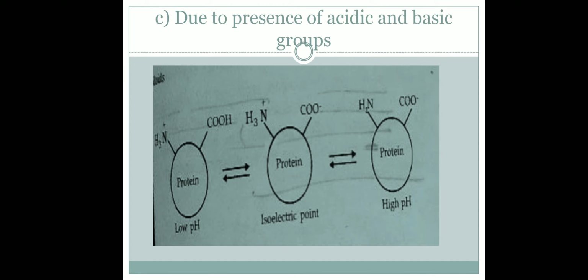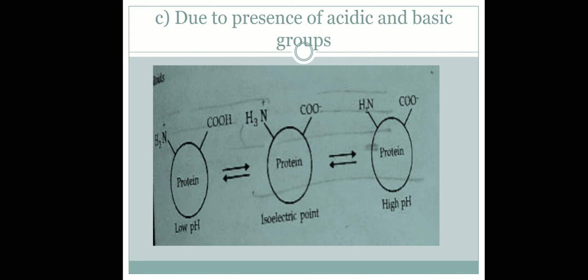Another reason for the charge of the colloidal particles is due to the presence of acidic and basic groups. In the case of amino acids, proteins, polypeptides, etc., the charge can be explained due to the presence of acidic or basic groups. In acid solution, the charge is due to the protonation of the basic group.